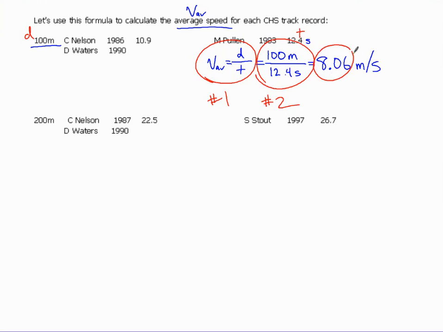Over here, the correct answer, that would be number three. And units, that's number four. All four of these things are required to get full credit on homework questions, quiz questions, test questions, etc. It's just a good habit to show all of your work. Units are necessary. So let's make sure that we show everything that's on here.